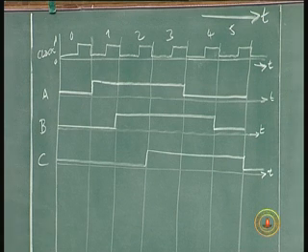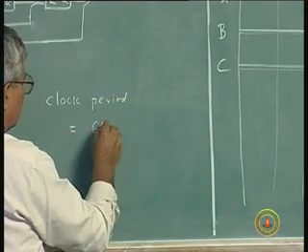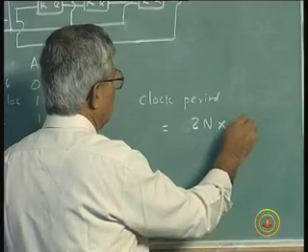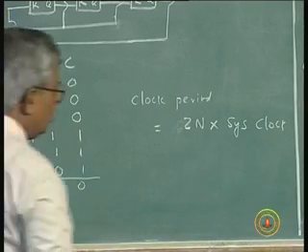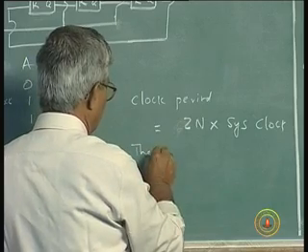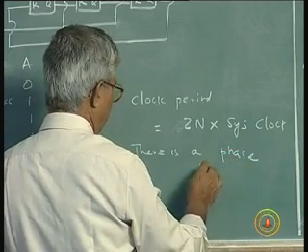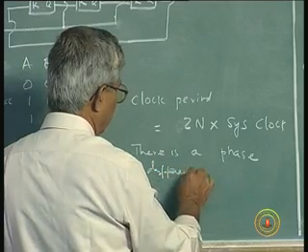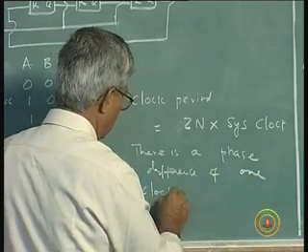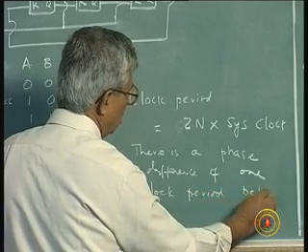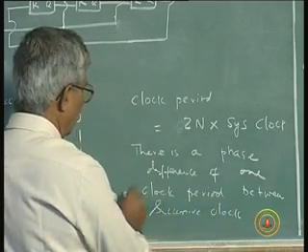So, I have the clock period, which is 6 times, 2n times the system clock period, we will call this the system clock, and there is a phase difference between 2 successive waveforms of 1 clock period between successive clocks, 1 original clock period.